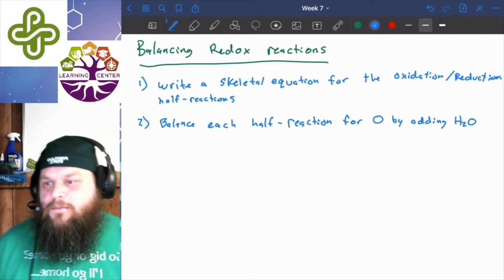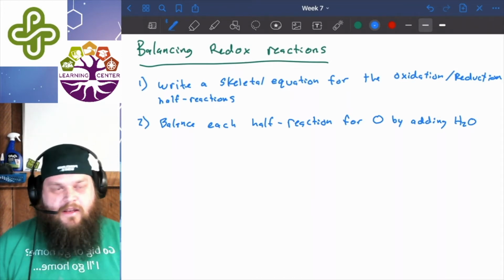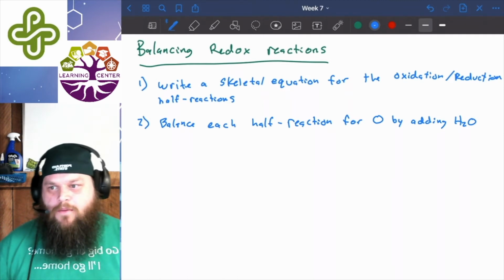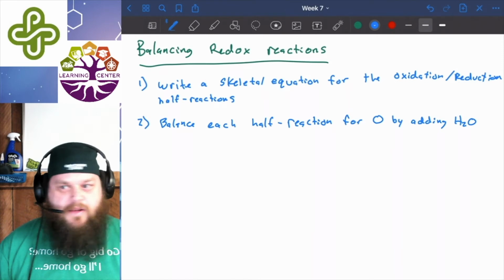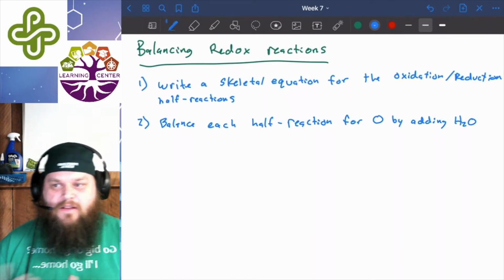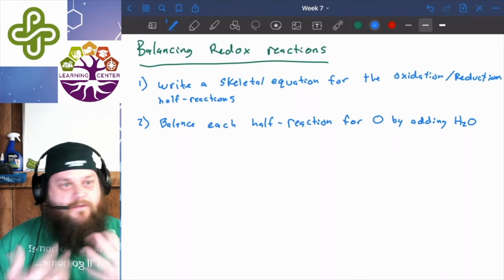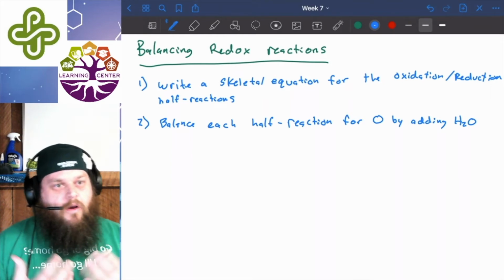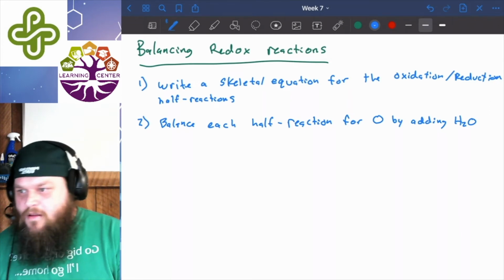We do that by balancing those reactions, adding oxygen in anytime we need to, for the charge balance between everything. A lot of times those electrons have to come from somewhere, and since they're floating in an aqueous solution, the O is going to be a part of that reaction. Then we balance it.